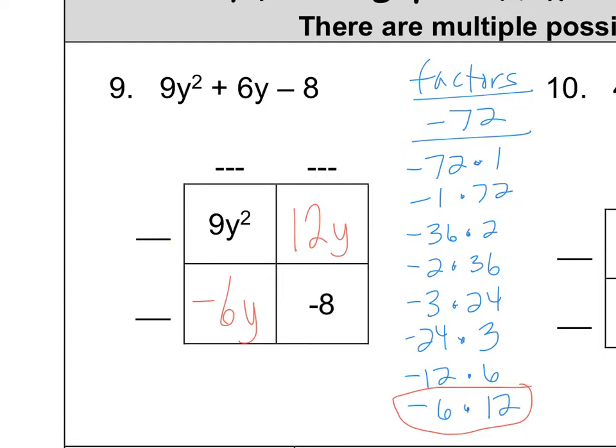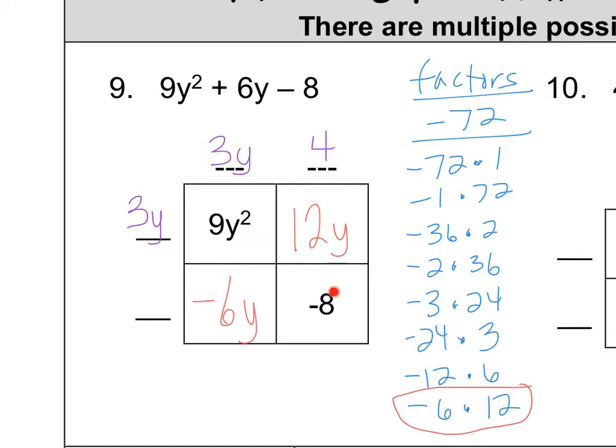So when I have a 9y squared and a 12y, I know that I can take a 3y as my greatest common factor. So with just that one thing, I should be able to figure out the rest of my puzzle. So 3y would have to go here. And if I take my 12y and divide it by 3y, I know that a 4 is going to have to go here.